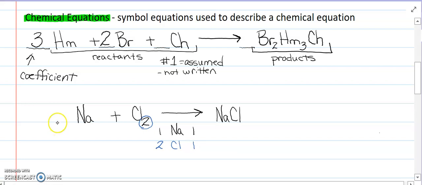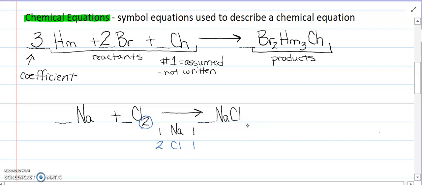The only thing I can do in a chemical reaction is to change the recipe of the ingredients that I put in. I cannot change this chemical formula and make NaCl NaCl2 because that's not the formula for table salt.